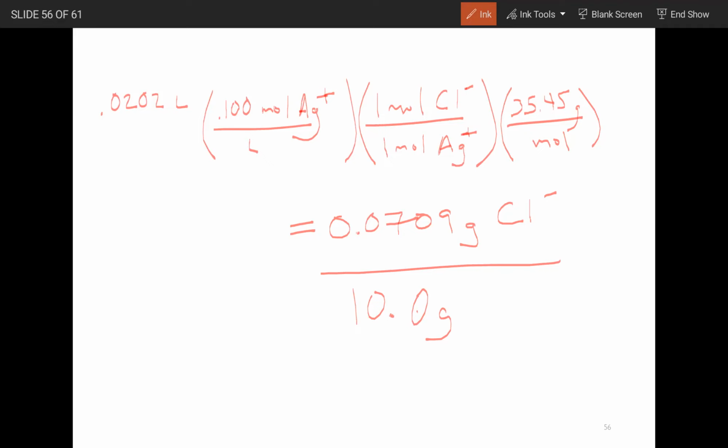So we're focused on the chloride ions in the larger sample, 10 grams, and to make it a percent, we'll multiply by 100. We'll wind up with a percentage of 0.709, and the grams are going to cancel in the numerator and the denominator. With the percentage, we always just have the percent.